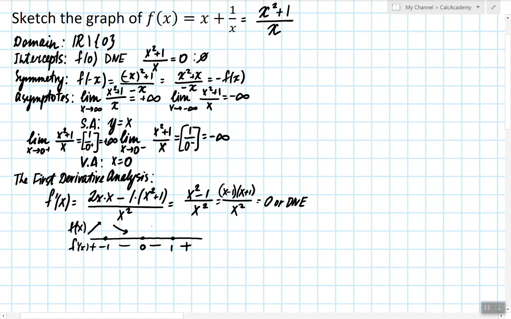It's increasing, decreasing, decreasing, increasing. So we have a relative max at -1, and its value is -2. And at 1 we have a relative min, and its value is 2.